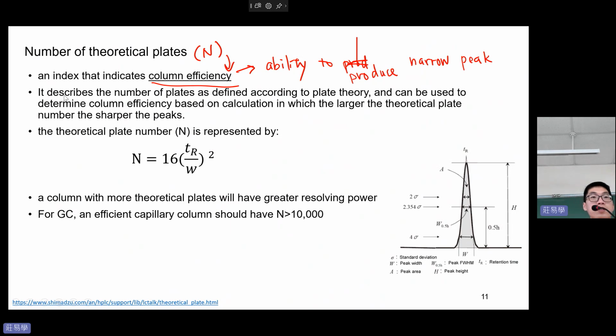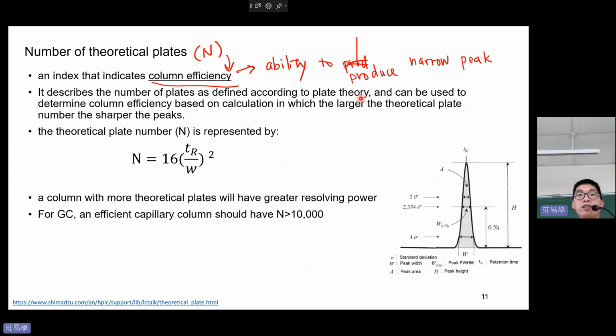Okay, and so the number of theoretical plates describes the number of plates as defined according to plate theory. I'm not going into detail, but the inventor of this theory, at the end of the day, won a Nobel Prize because of this theory. So it's pretty useful, I guess.